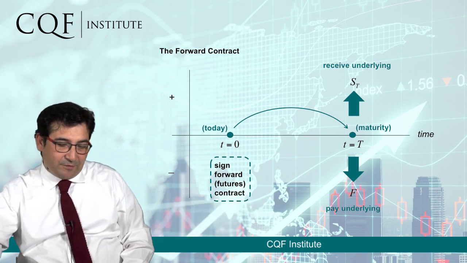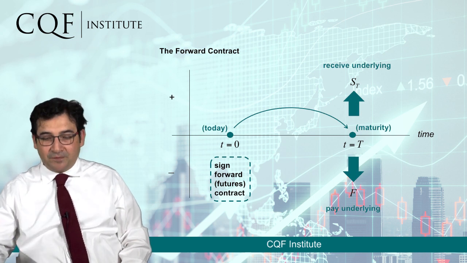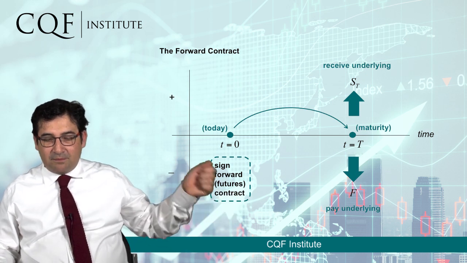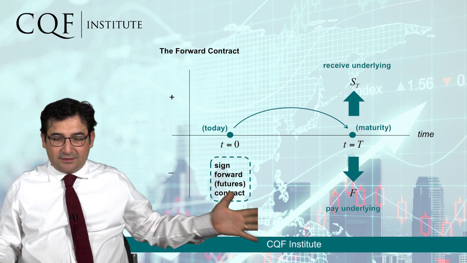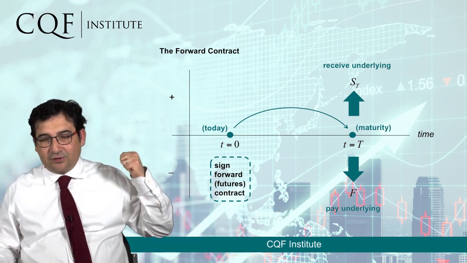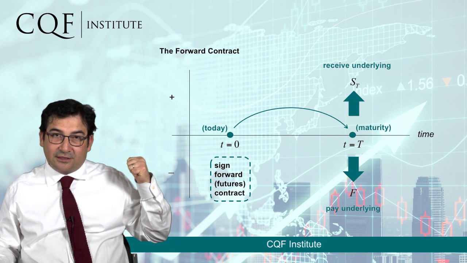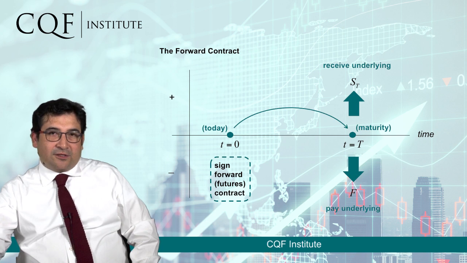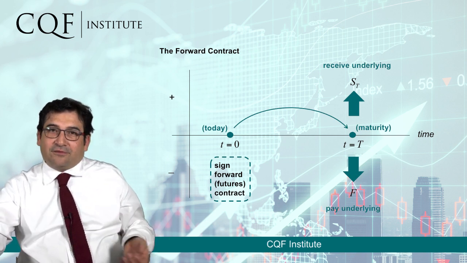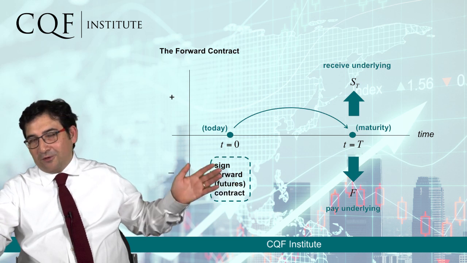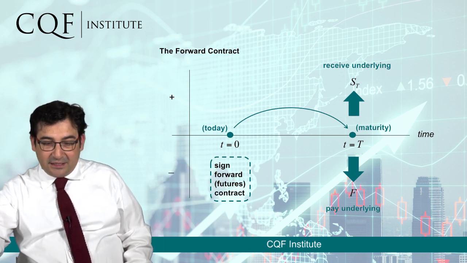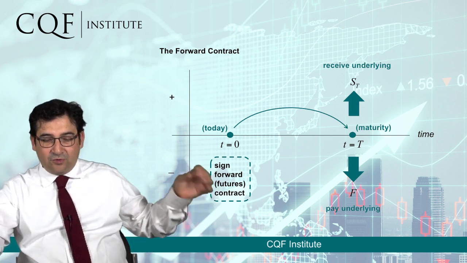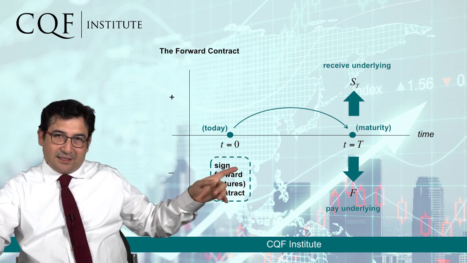We sign the futures contract today at time 0, saying that in the future I will buy the underlying by paying capital F, the forward price, and receiving the underlying, what we have called here capital S underscore T. So by doing this, when I enter into the contract, I know how much I'm going to pay for that underlying at that time in the future. I know for sure, it's a certainty. And there is no choice. Once I enter into a futures or forward contract, I'm going to have to buy the underlying for that price at that time in the future.